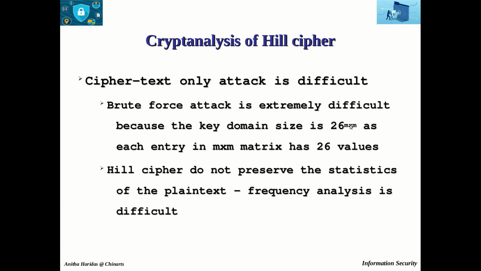Each entry in the m by m matrix will have 26 values. So obviously the key domain size is very large, so it is very difficult to attack using brute force. Another thing in the Hill cipher, it does not preserve the statistics of the plain text. Therefore, frequency analysis is also very difficult in the Hill cipher.